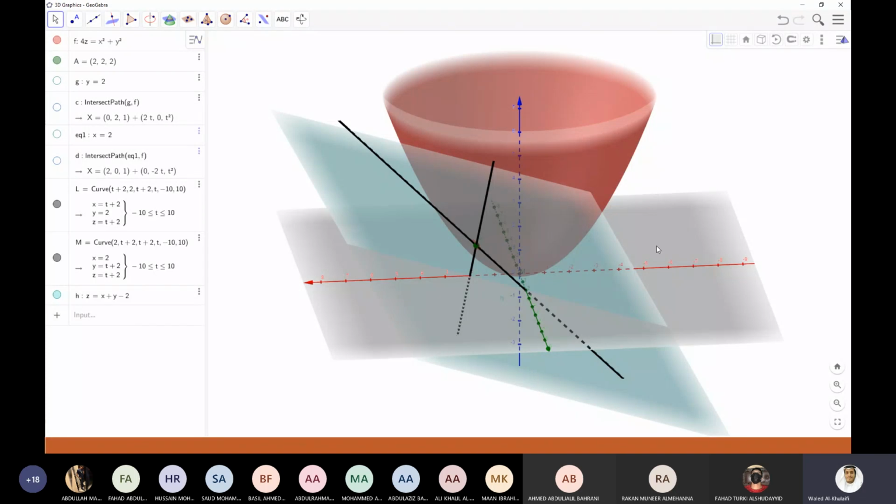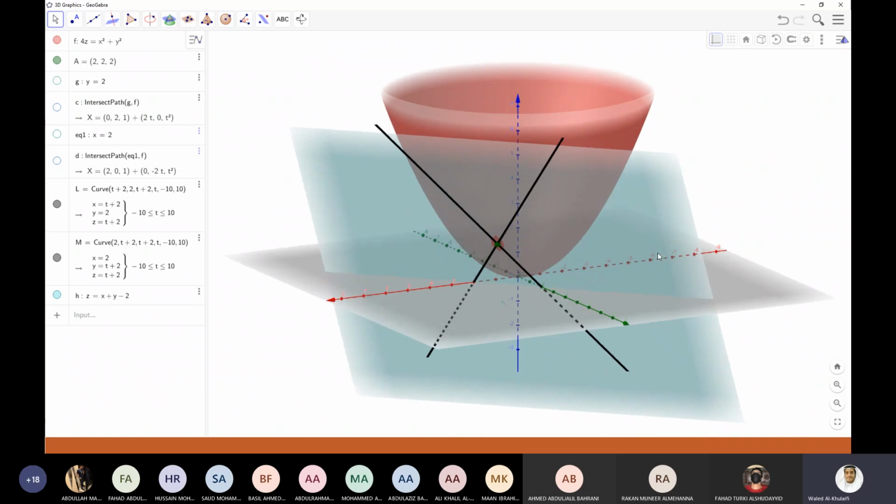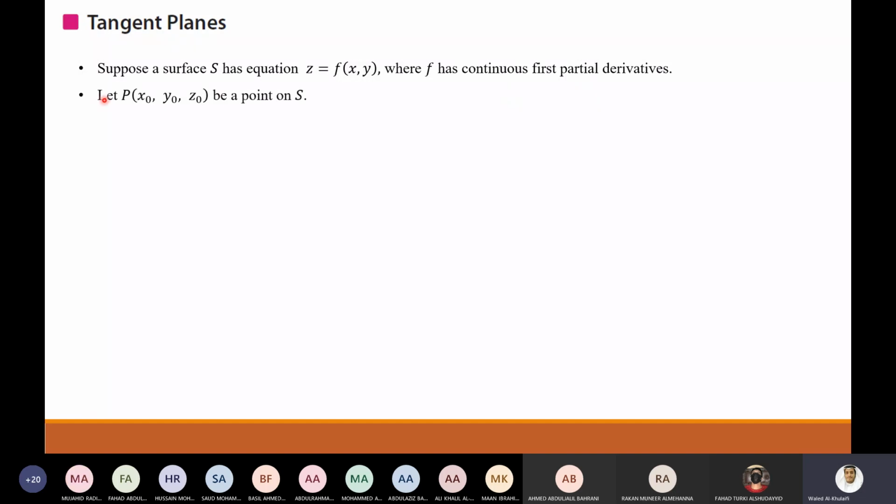So one of the objectives of this section is to find the equation of the tangent plane. The equation is very nice and easy to do. So let's go back to the presentation here. Let's assume we are talking about z equal f of x and y, a function of two variables at the moment, where f is continuous and has partial derivatives.